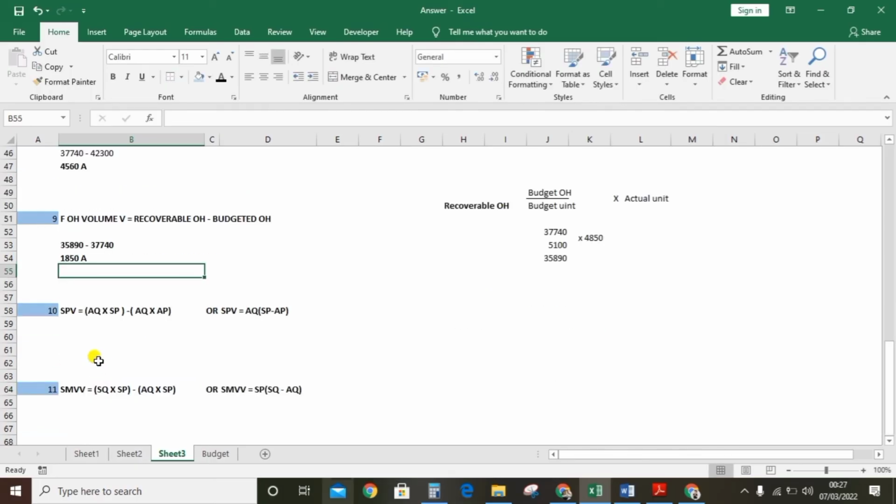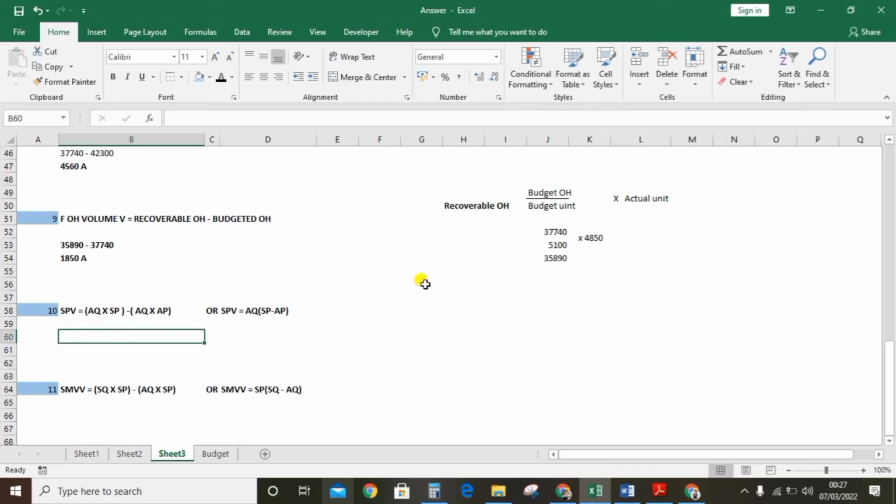Next variance, sales price variance. The equation is AQ into SP minus AQ into AP. AQ means actual quantity of selling, SP means standard price, and AQ into AP means actual quantity of selling into actual selling price.